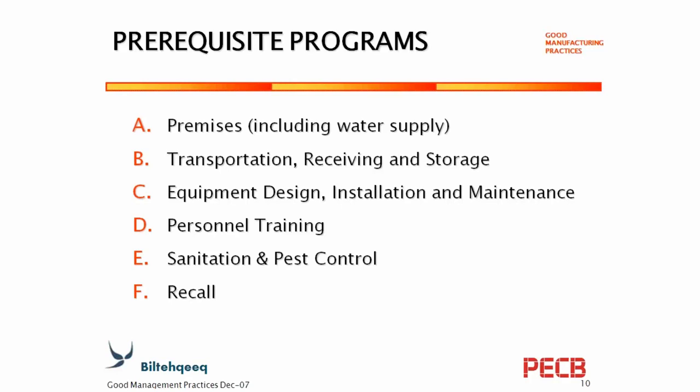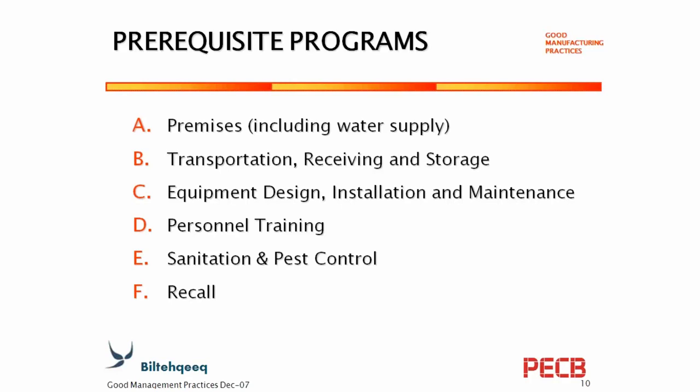Sometimes during maintenance, if you don't take care of this element, the maintenance procedure or process can contaminate your food. So you have to be very careful about the equipment and their installation and their maintenance.